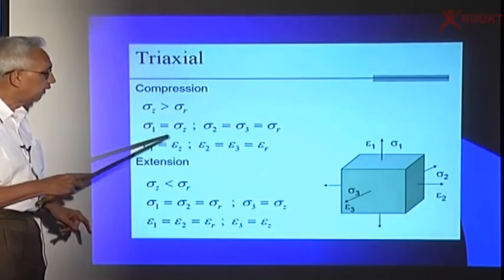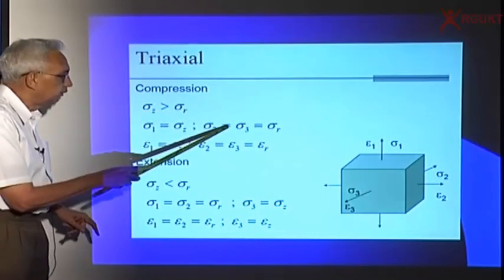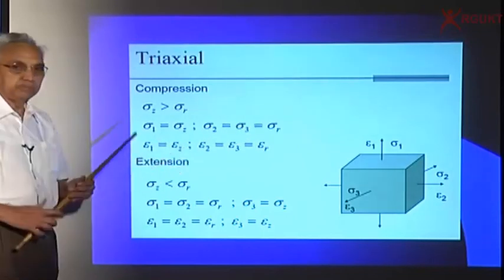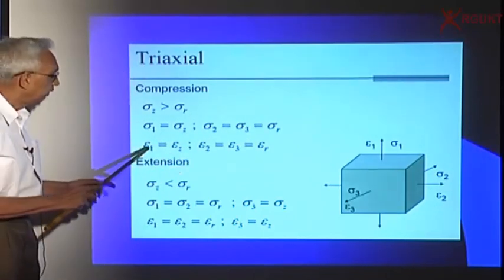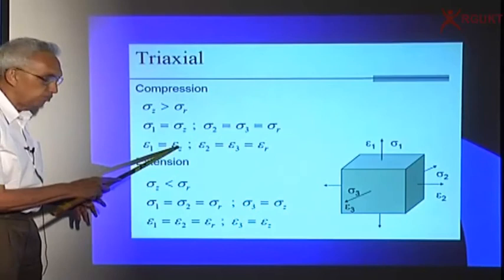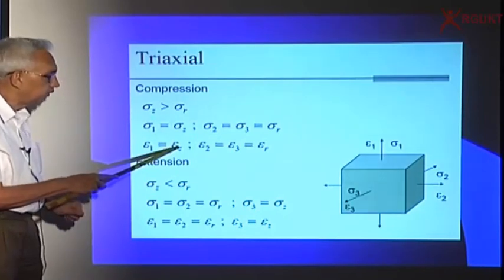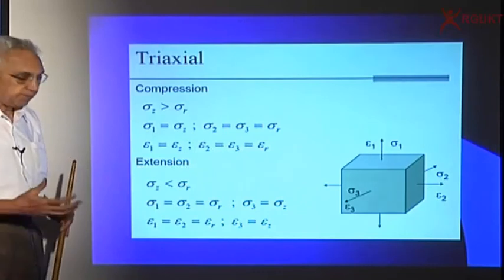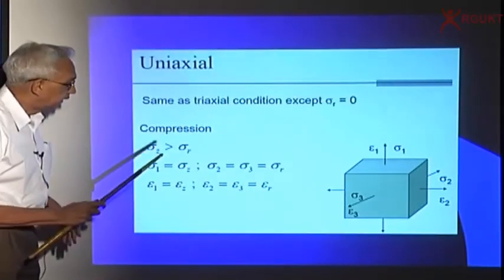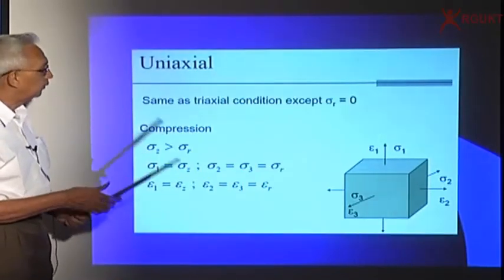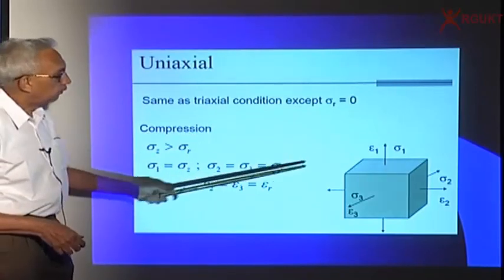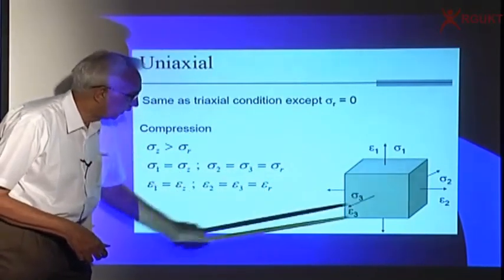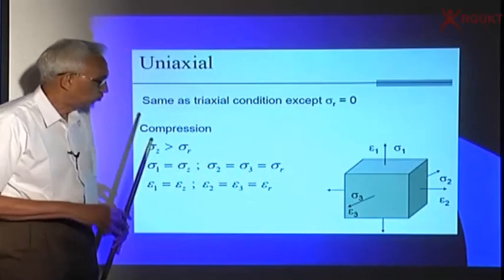So sigma 1 is the vertical stress, sigma 2 and sigma 3 are equal stresses. Vertical strain epsilon 1 is the major principal strain, and the 2 lateral strains are equal to the radial strains. If I say that there are no horizontal strains, only vertical strain, and these are 0, you get uniaxial compression.